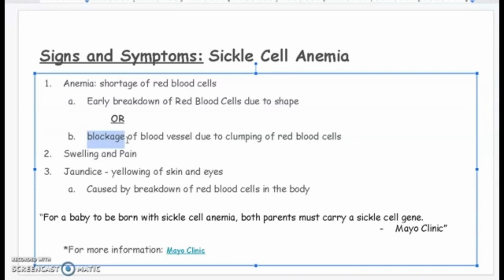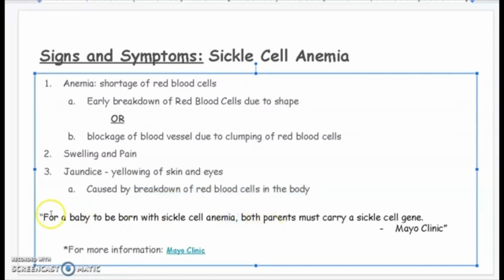It's going to hurt, so you will feel pain. Another condition, as we go on, is jaundice, the yellowing of skin and eyes. And this is caused by the early breakdown of the red blood cells in the body. We'll go into more details in the next slide.